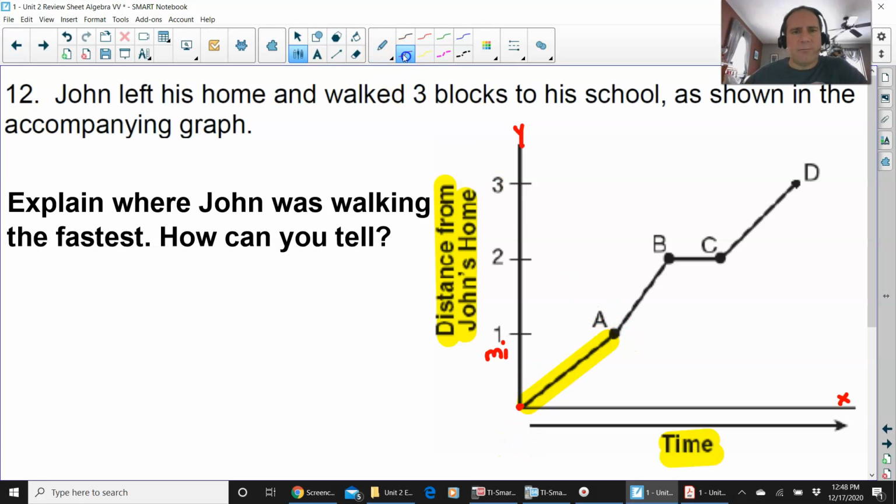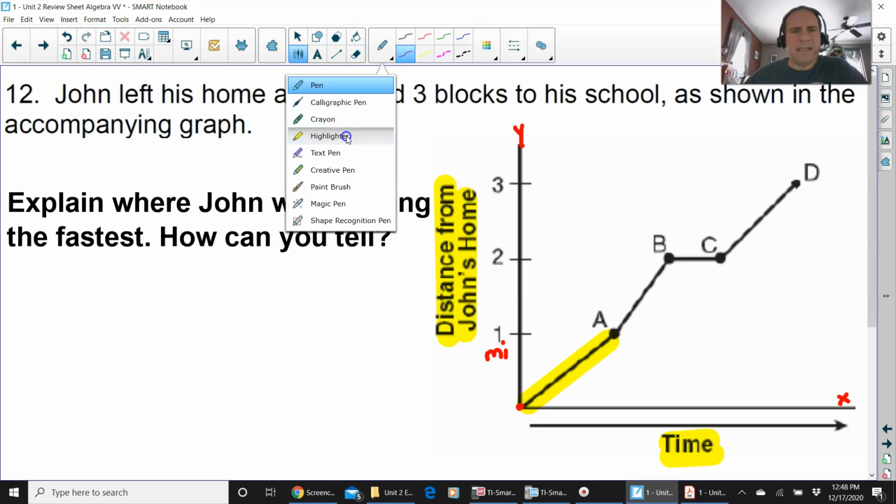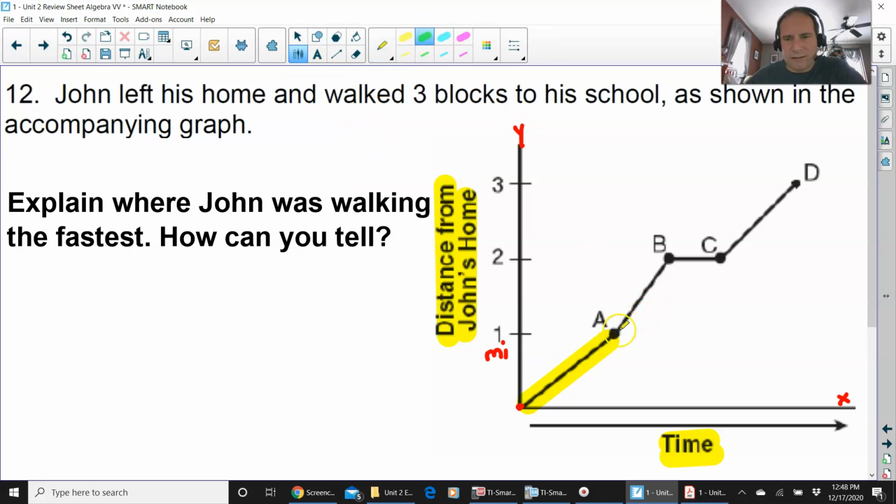So now at the 1 mile mark, he changes his rate, and the line looks steeper to me from A to B. From 1 mile to 2 miles, another mile, that is a faster rate. The line is steeper. Then from B to C, time is going by, but he's staying the same amount away from his house. So that means he's not walking anymore.